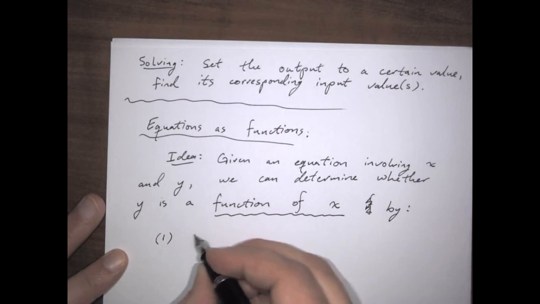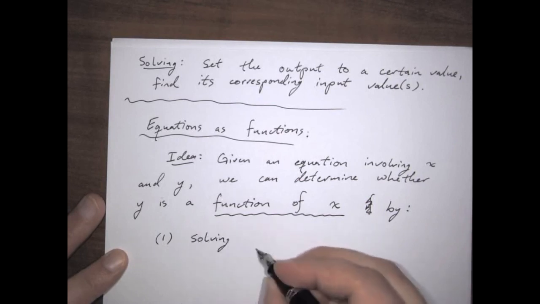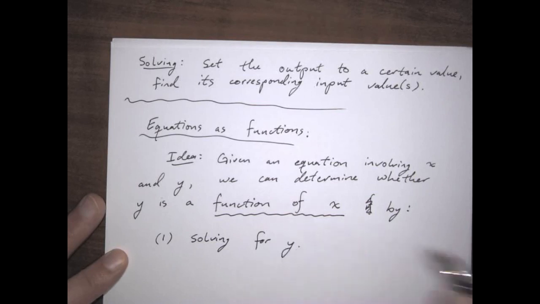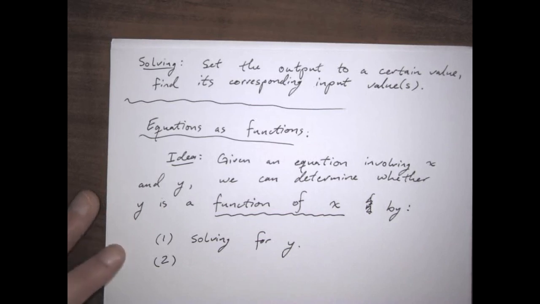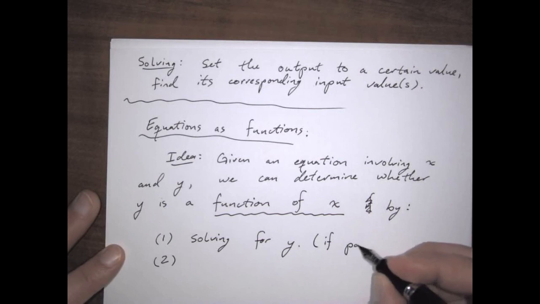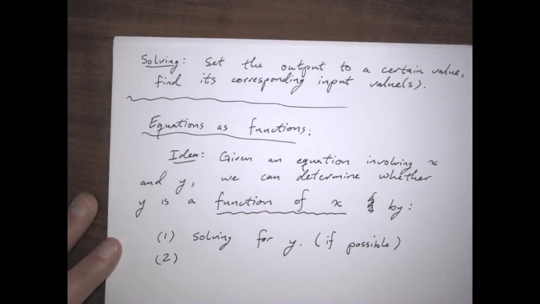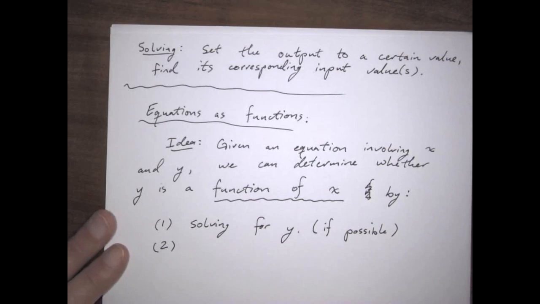We can determine whether y is a function of x by step 1, solving for y. And step 2, once we have solved for y, if possible, maybe we can, maybe we can't. So once we have solved for y, if it's possible to do so, then we need to look at whether the formula that we get is well defined. In other words, does it only give one value for each value of x?